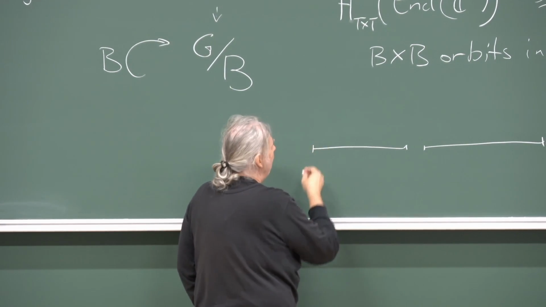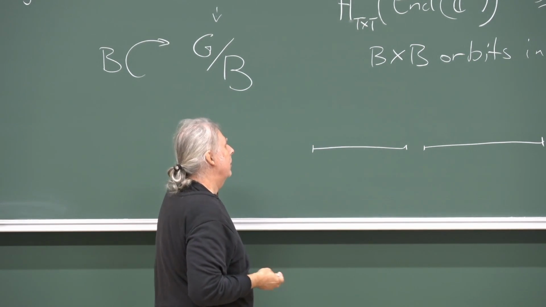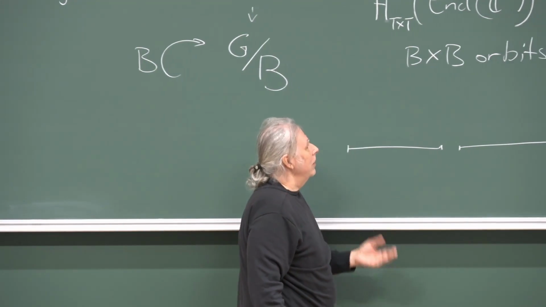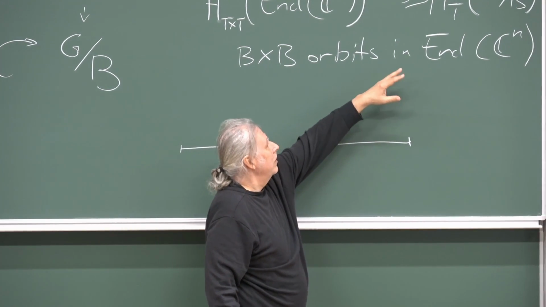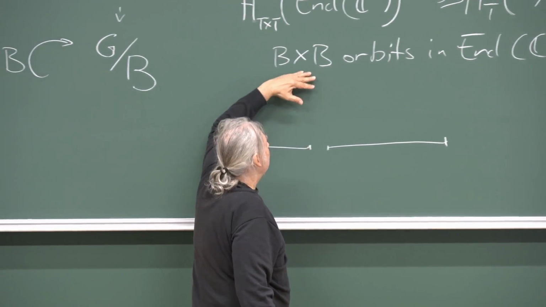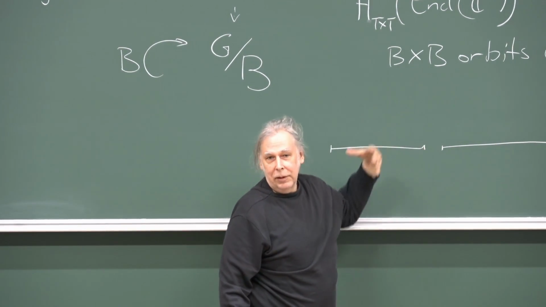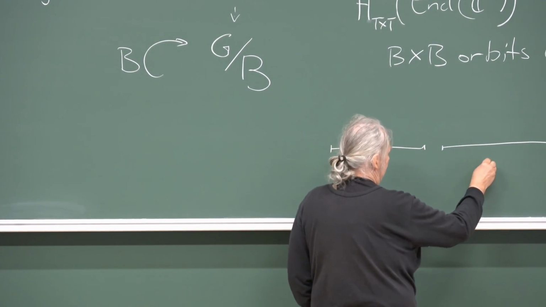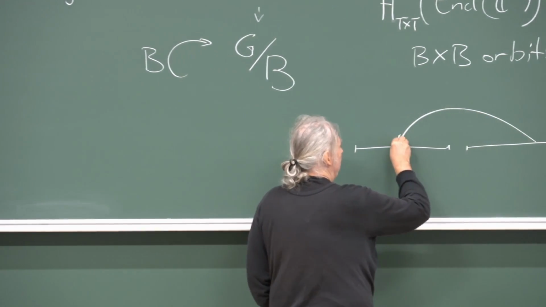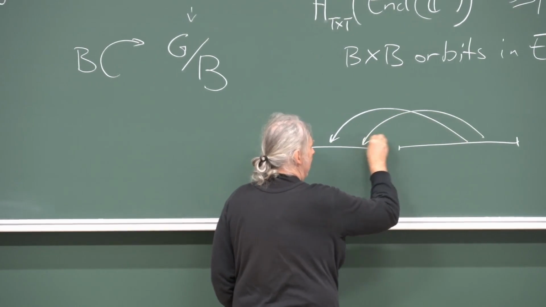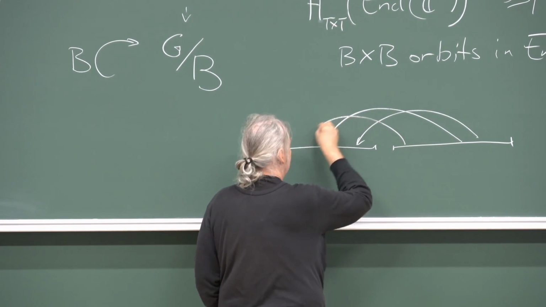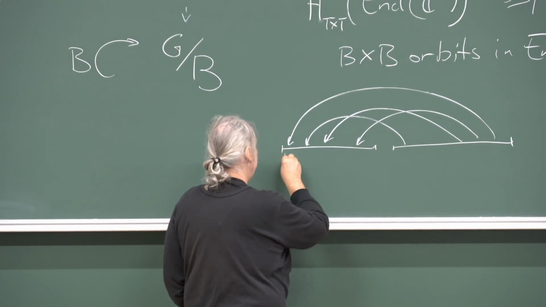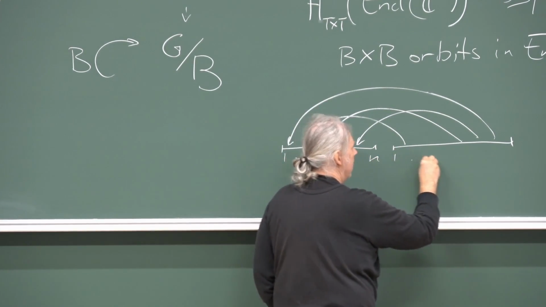You know by the Bruhat decomposition that every double coset of B times B contains one permutation matrix. So I will just write it like this. This is a permutation matrix from 1 to n.